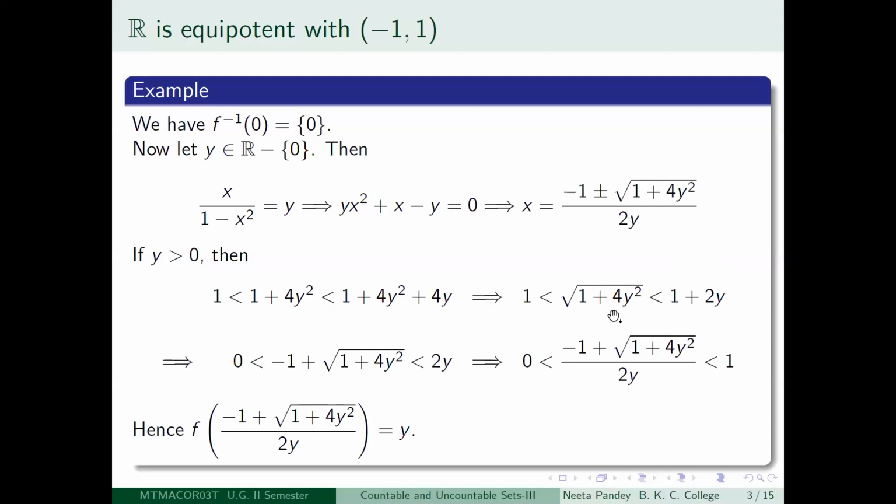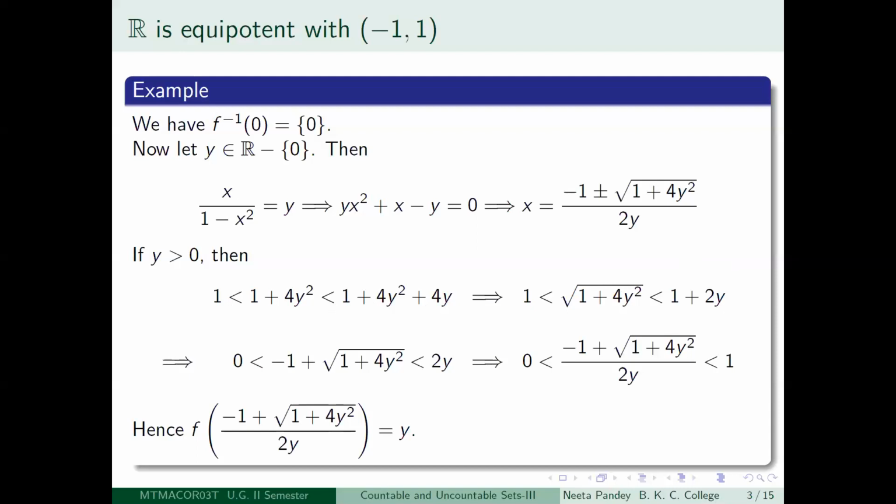Now, why does the inequality not change? Because we have already seen that if a and b are any two real numbers, then a less than b would imply that a squared is less than b squared, provided a and b are positive. All right, so how do you see that?